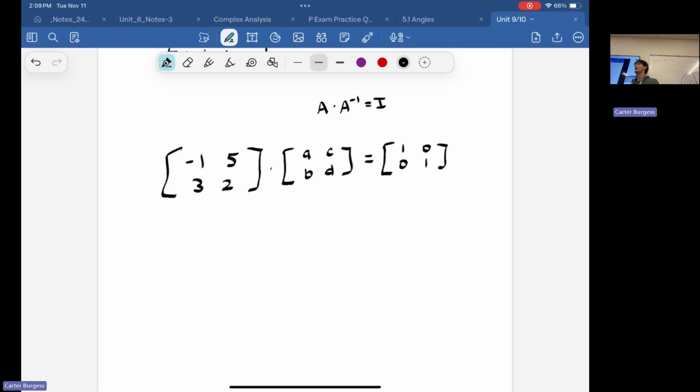All right, and now all we have to do is solve for A, B, C, and D. Let's try this out. How would you guys go about approaching this problem? What would you do?